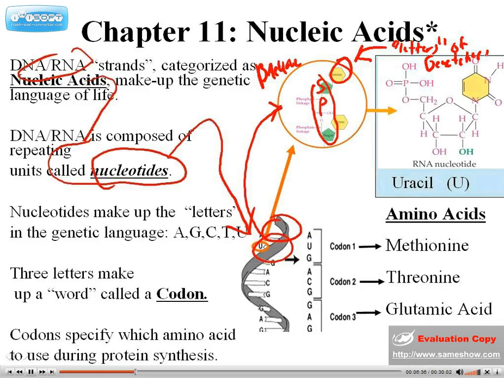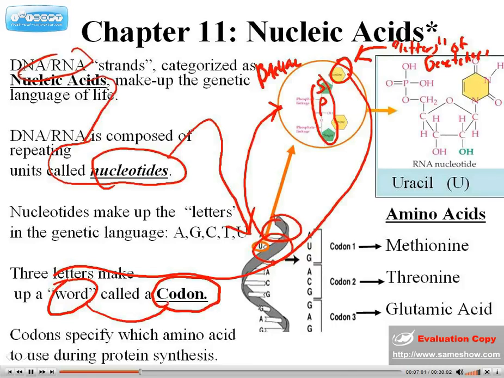So we have 5 different letters in the genetic code. Just as in real life you have 26 letters, nature prefers 5 letters. Those 5 letters are then grouped into unique arrangements called words. The scientific term for these words is codons.